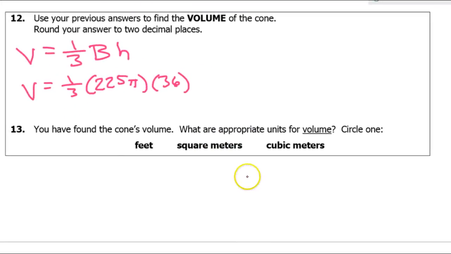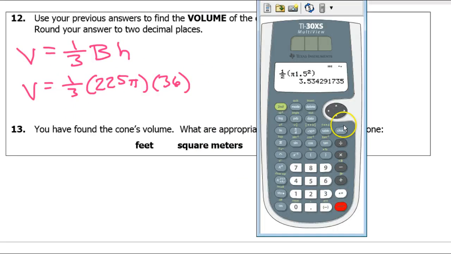I really can just put all of that into my calculator. Oops, messed up my parentheses.